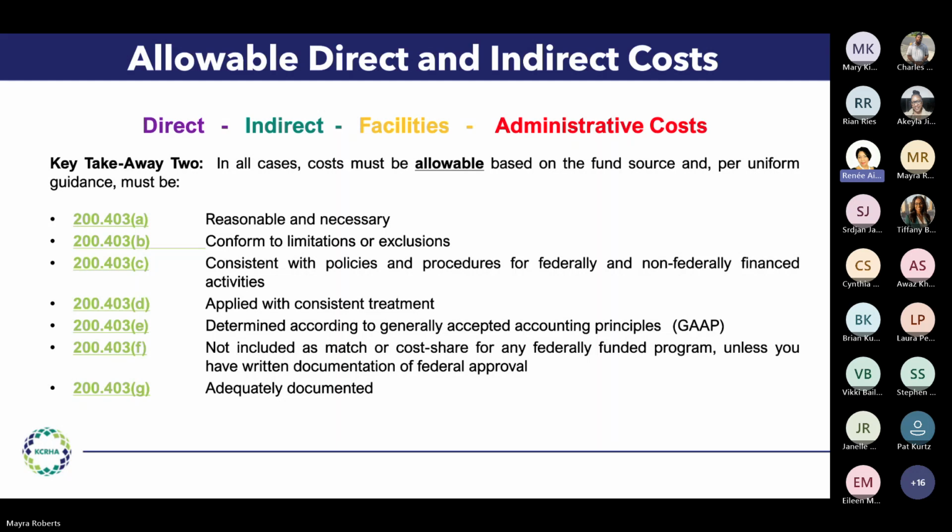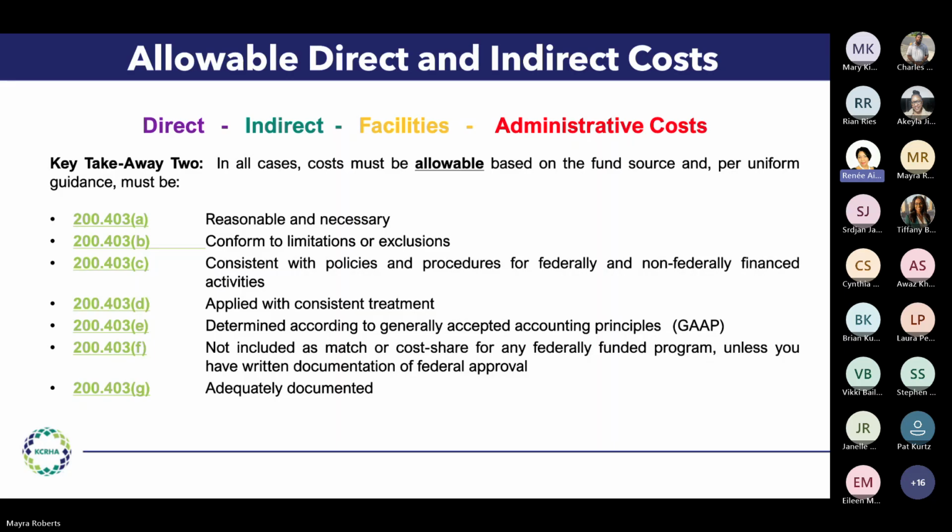They must be applied consistently across all programs, regardless of fund source, and they must be determined according to generally accepted accounting principles, right? So when we talked about in the previous slide, depreciation, right? Depreciation must be governed by generally accepted accounting principles.